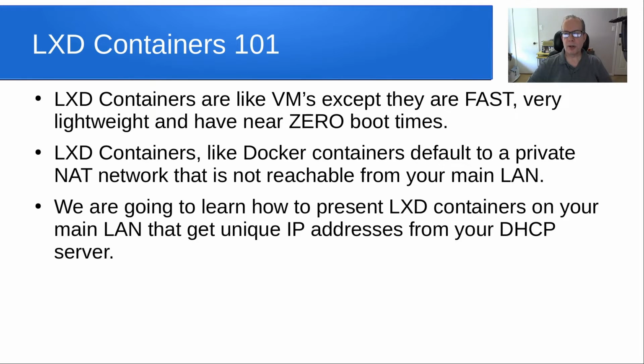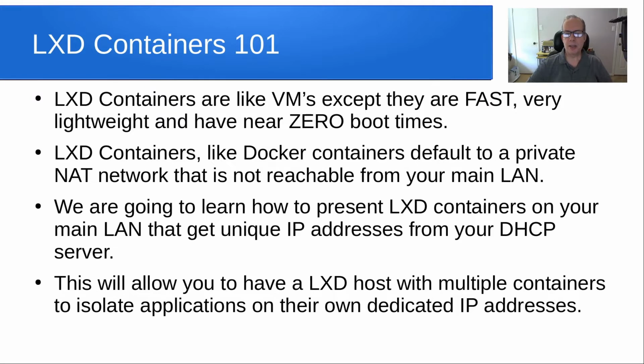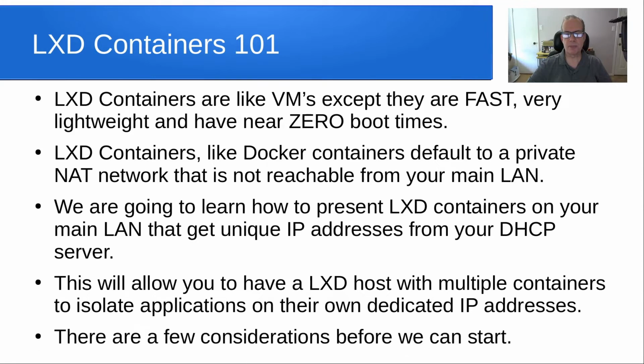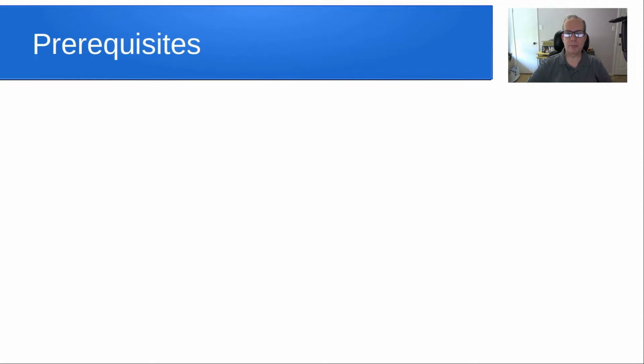We are going to learn how to present LXD containers on your main LAN that get unique IP addresses from your DHCP server. This will allow you to have an LXD host with multiple containers to isolate applications on their own dedicated IP addresses. There are a few considerations before we can start.